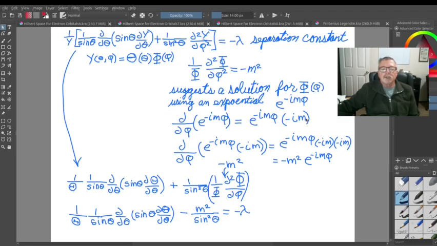Then we take the derivative of that, which would be the second derivative. We come up with this result where we have a negative im squared, and that will equal negative m squared out in front of e to the negative im phi. And I can just replace all of this with the negative m squared over sine squared.